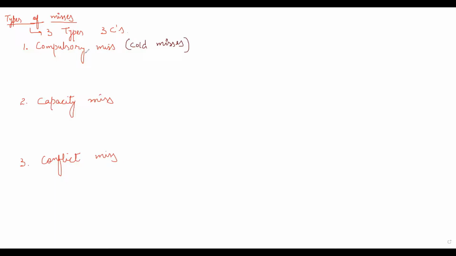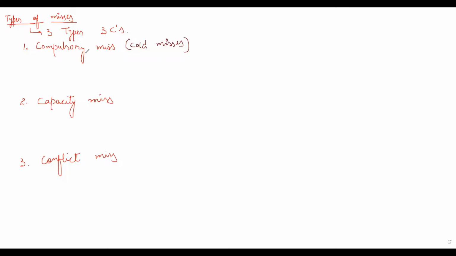For example, when my program is starting and at the beginning, there is nothing in the cache. So whenever the first time it needs a data, there will be a miss because that data won't be there in the cache. We will bring the data in the cache only when it is needed. And at the beginning, there is nothing in the cache.